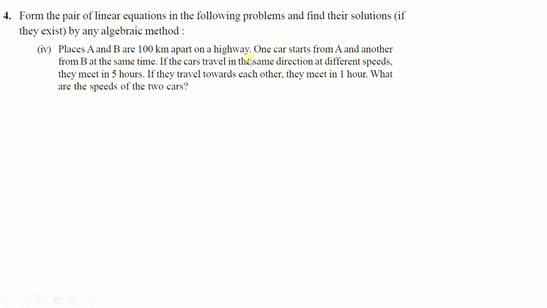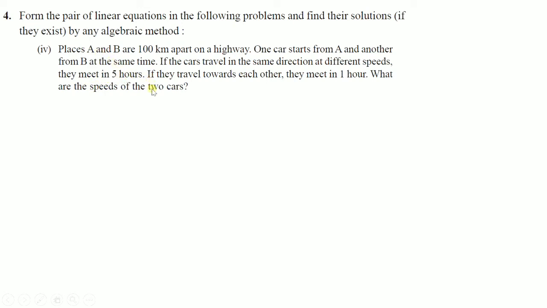Suppose in the morning at 9 a.m. sharp, one car starts from A and one car starts from B. Now the conditions: if the cars travel in the same direction, meaning A starts towards, for example, east, then B is also starting towards the east direction, the same direction, at different speeds. Now speed is not the condition for this particular question. Speed may vary as per the condition of the vehicle. So they are running with different speeds. They meet in 5 hours.